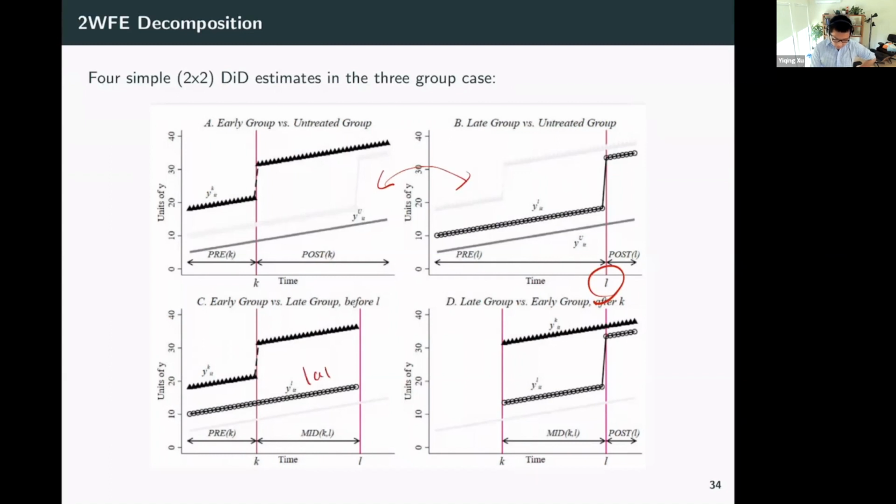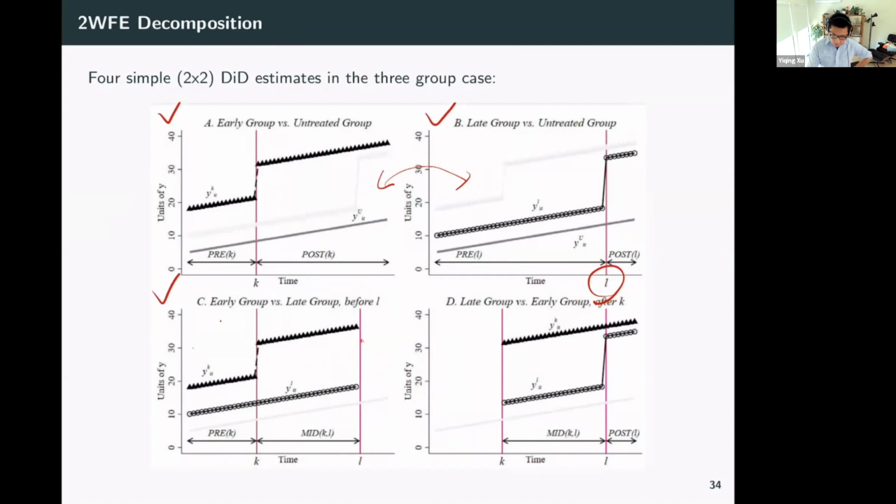This is late, not to be confused with local average treatment effect, but late adopter as control. And then the early adopter as treated. All right, early as treated. Okay, this is also fine. This is fine, this is fine, this is fine.